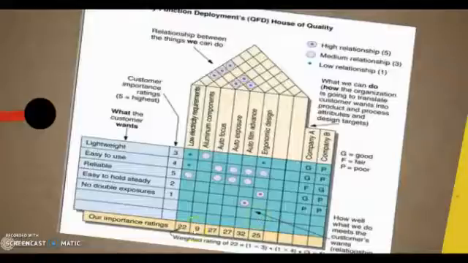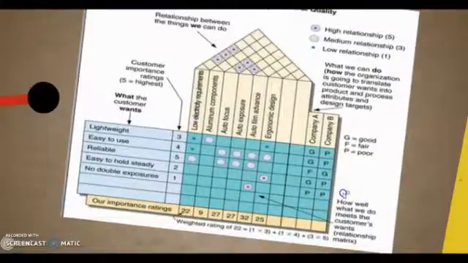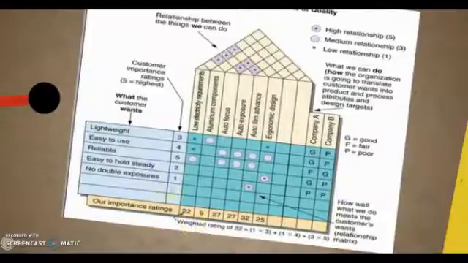Now we'll calculate the weighted ratings. Now the point is how to do it. Let's look at the first column. A very low relationship will give a score of 1, and we'll multiply 1 with 3 as depicted over here, which will be added to the next relationship, the correlation of easy to use and low electricity.